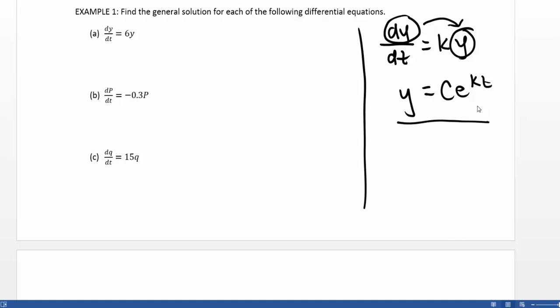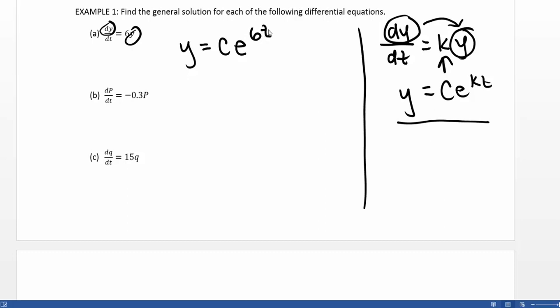So let's check this out and see how we can set up some of our differential equation solutions. For a, we have dy/dt equals 6y. We see dy on top, and we have a y on the right-hand side. So our solution is y equals ce to the 6t. The 6 here is our k.